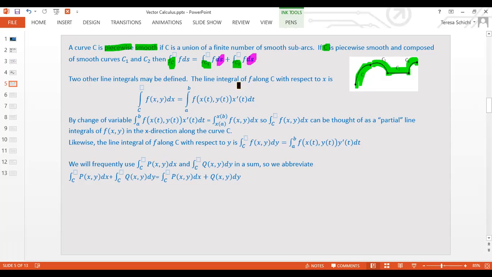One here is you can integrate along C with respect to x. So instead of using the arc length, you can use delta x here. That's why in here they say the integral over C of f of x dx.